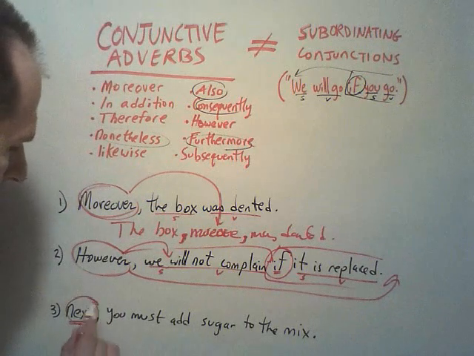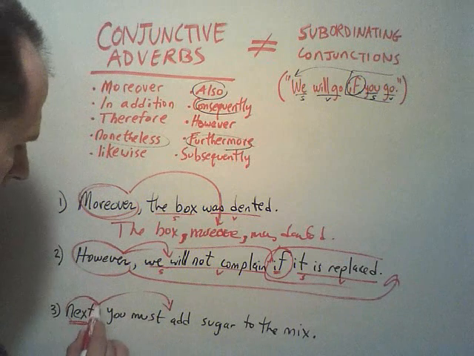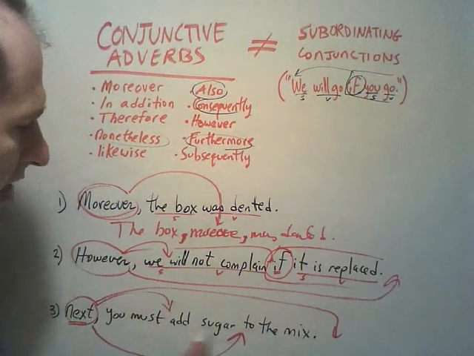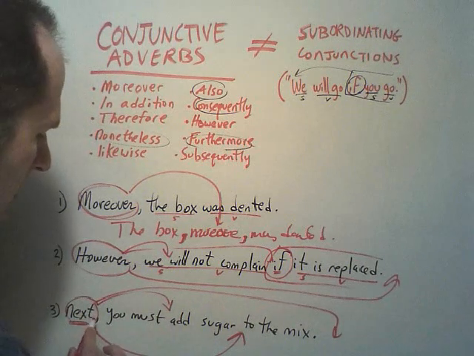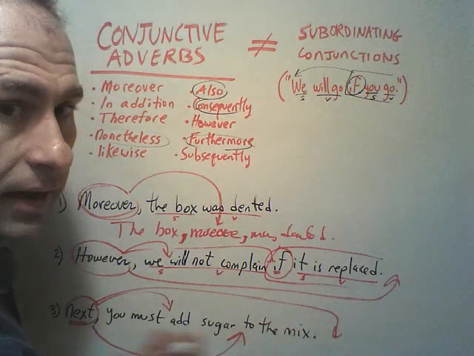Can I take the word next and just add it here? I can add it here. I can put it at the end. You must next add sugar to the mix. You must add sugar next to the mix. You must add sugar to the mix next. I can move it around like that.